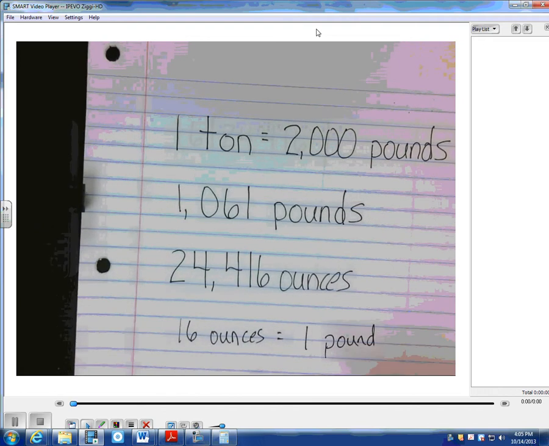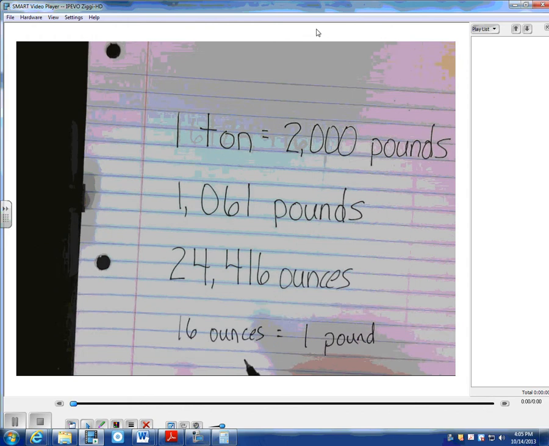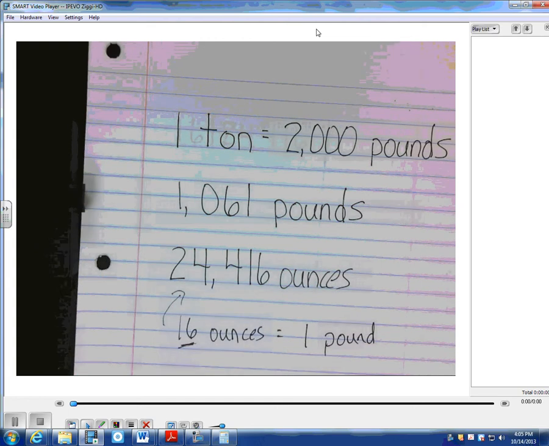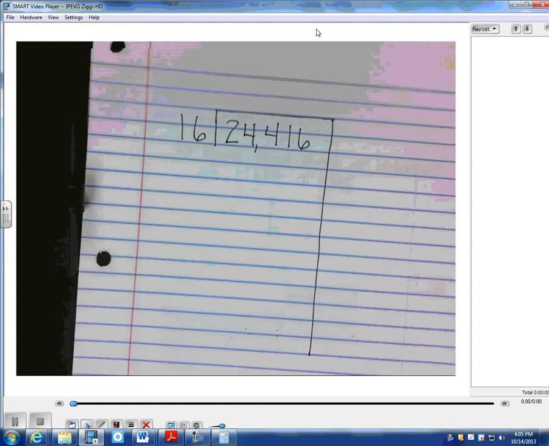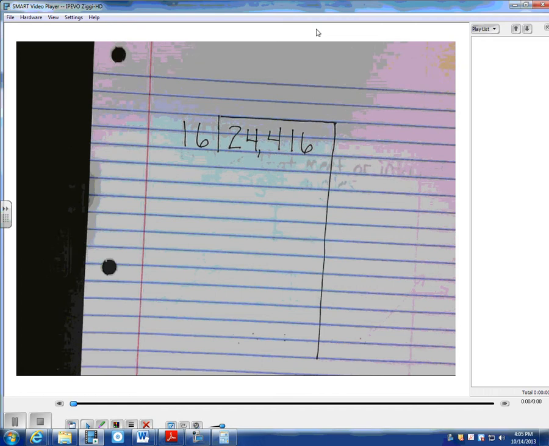So 16 ounces equals 1 pound. So what I have to do here is figure out how many 16 ounces I can pull out of 24,416 ounces. This is something that we have been working on quite a bit. We're going to have to do a division problem to figure this out.